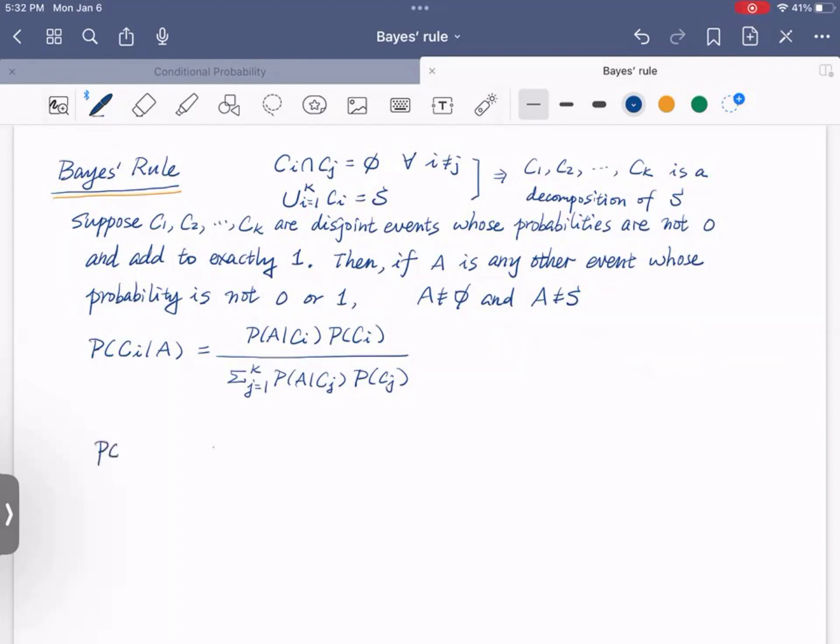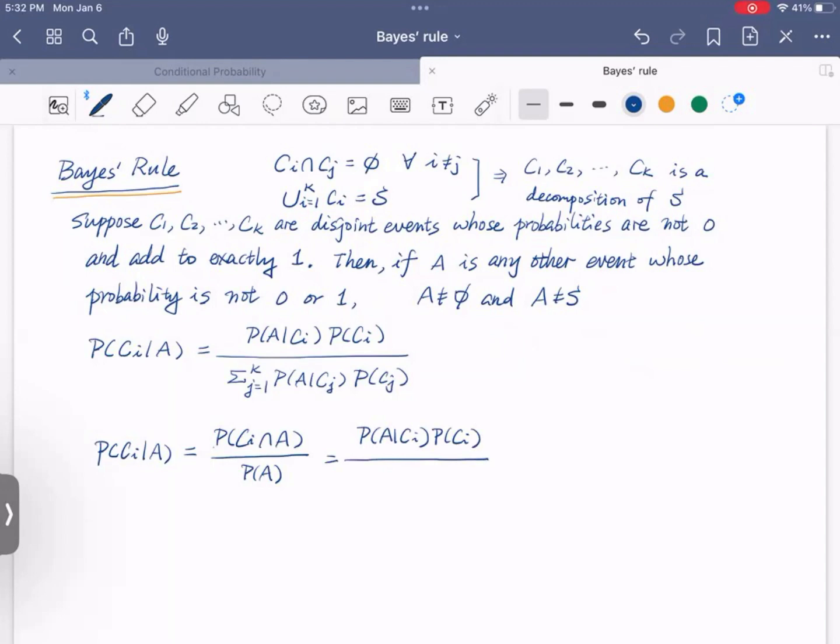P of Ci given A is equal to the probability of Ci intersect A divided by P of A. This is the conditional probability formula, right? And then we can rewrite the numerator using the general multiplication rule. The numerator is equal to P of A given Ci times P of Ci.